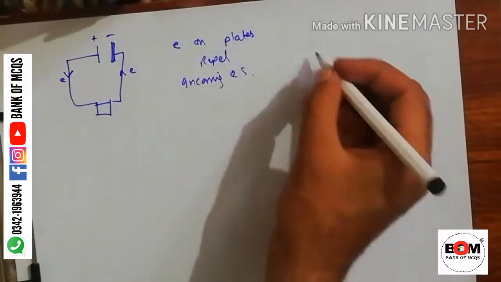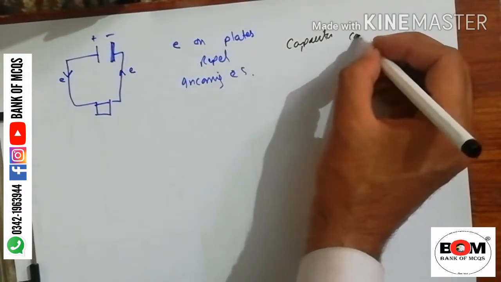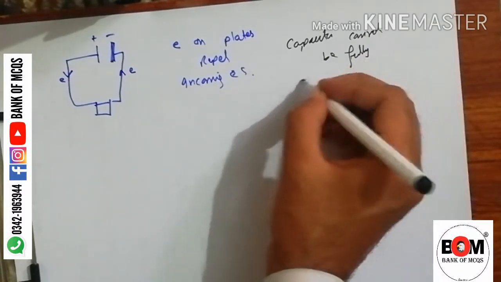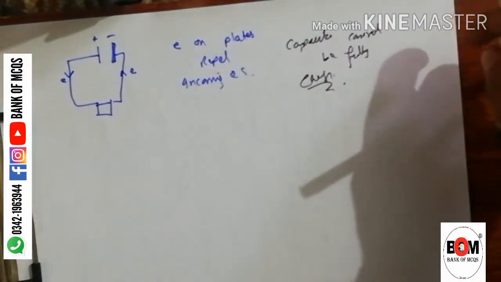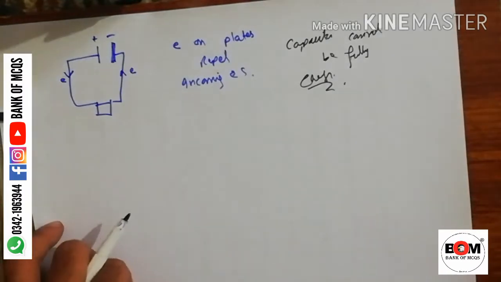So we can say that the capacitor cannot be fully charged. Bear in mind, this is an important point for the entry test, that a capacitor cannot be fully charged. And why? The electrons on these plates repel the more incoming electrons.